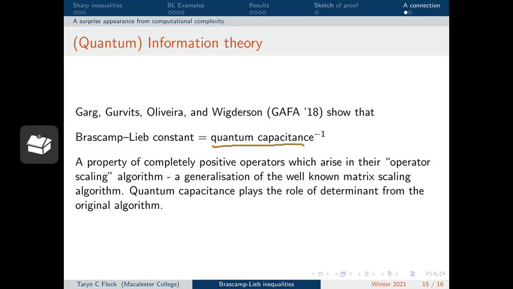So this is a number, sort of like a determinant, related to a family of linear maps. And the surprising fact is that this quantum capacitance is the reciprocal of the Brascamp-Lieb constant, the best constant appearing in our multilinear inequality.